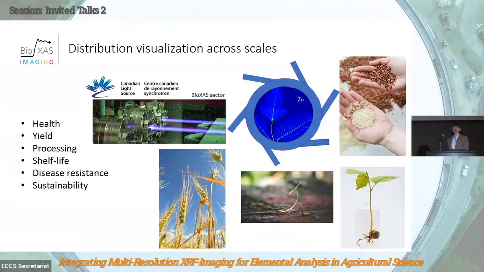In particular, X-ray fluorescence imaging can provide information, for example, on infection routes, or help understand micronutrient dynamics in plant tissue, enabling us as researchers to do targeted breeding or to select the traits of interest. Or we can also improve treatments for diseases, or increase the efficiency of nutrient uptake that serves sustainability.